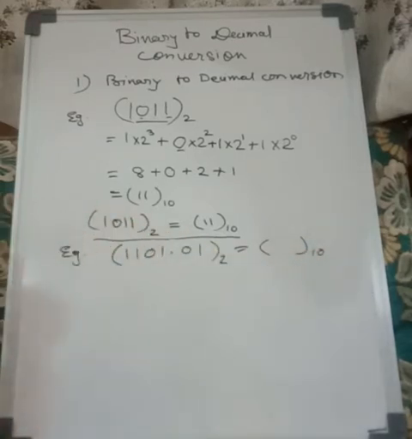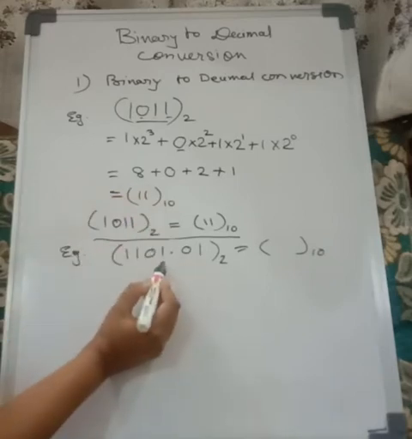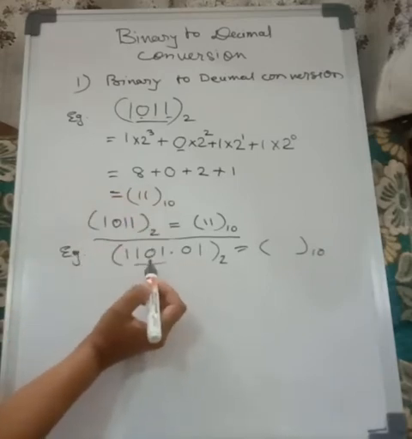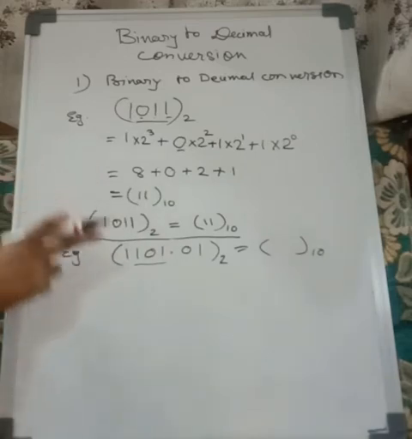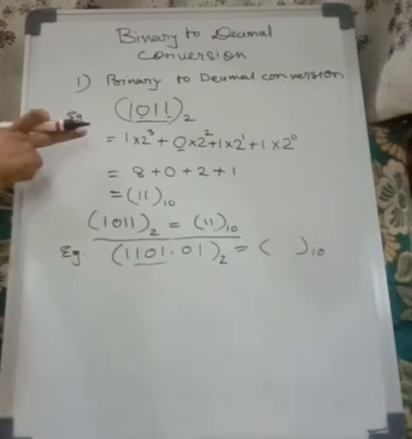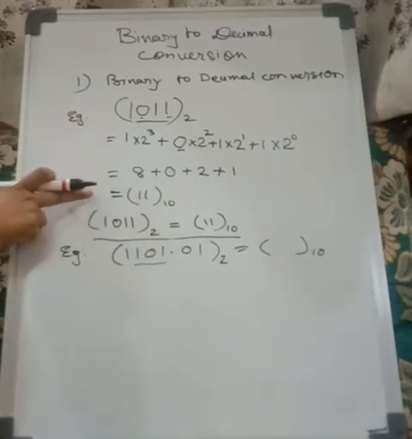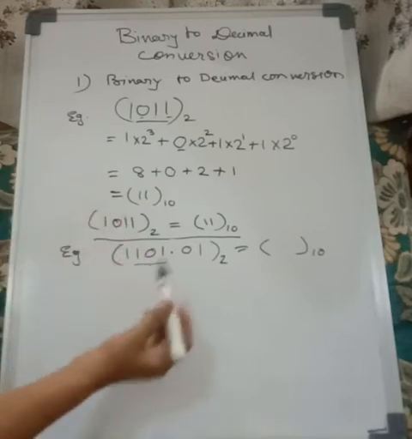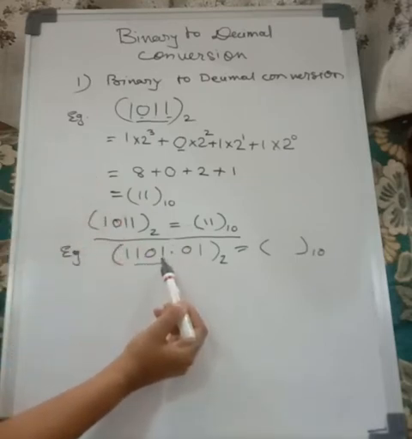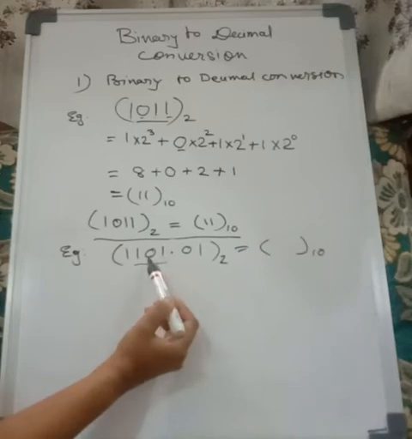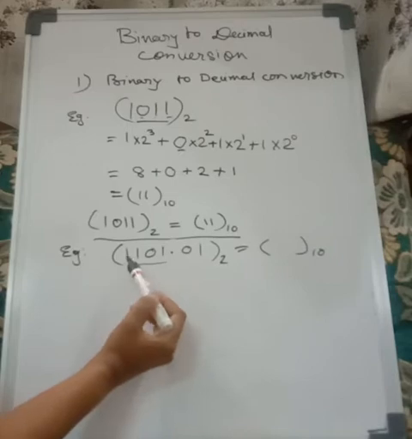So let us see what we did in the earlier case. Suppose we have this number. This is a very similar way to solve it, whatever we have done in the earlier case. We multiply this digit by 2 to the power 0, this by 2 to the power 1, this by 2 to the power 2 and this by 2 to the power 3, and then we simply add all these digits.